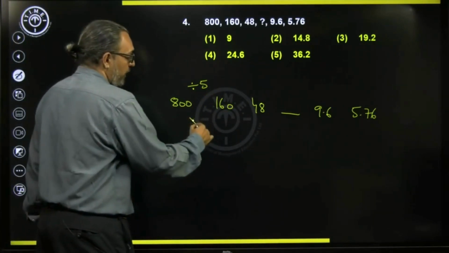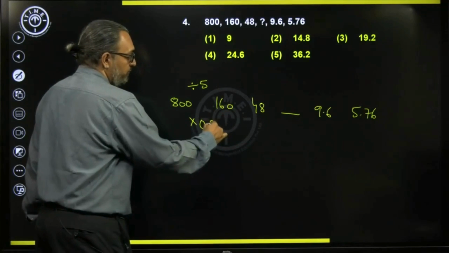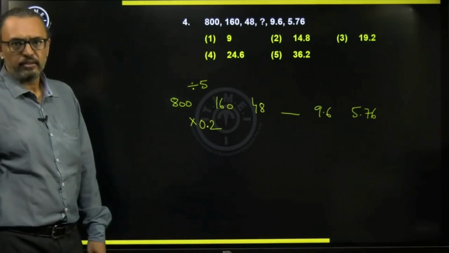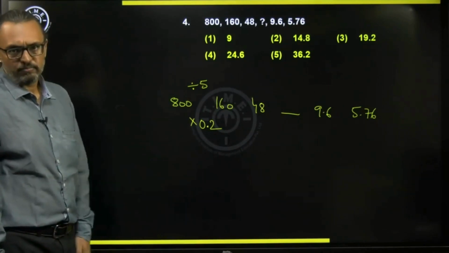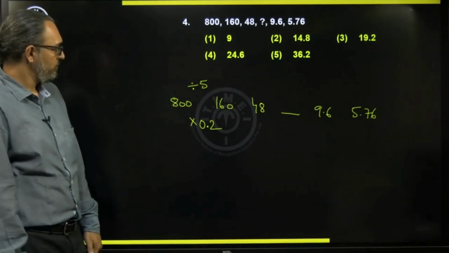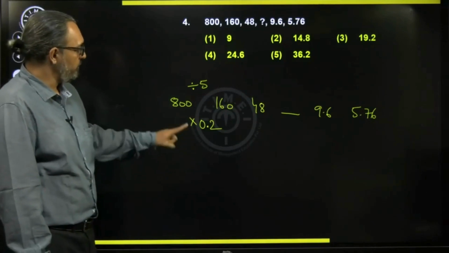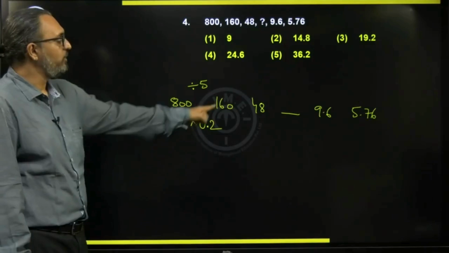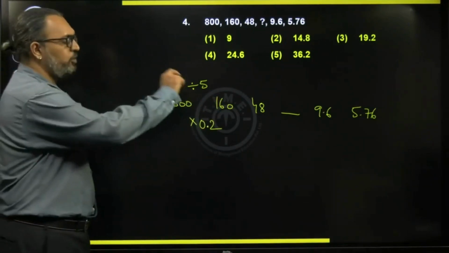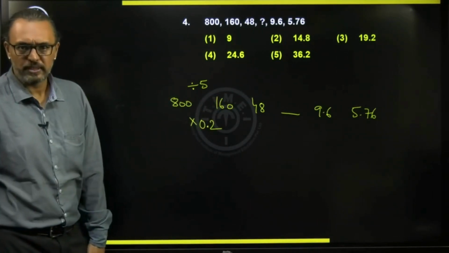Instead of doing that, I can multiply it by 0.2. Correct? Because 0.2 is 2 by 10. So if I do 2 by 10, the 0 gets cancelled with the 10, and 80 into 2 gives you 160. So it is 0.2. That is a better way of expressing it.